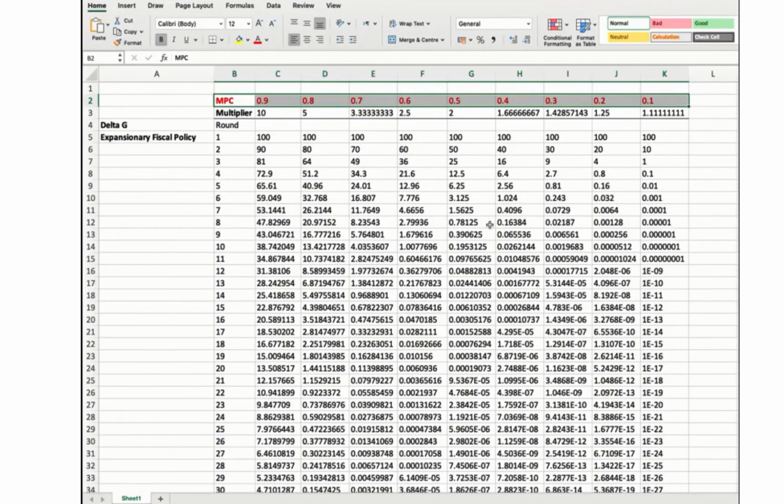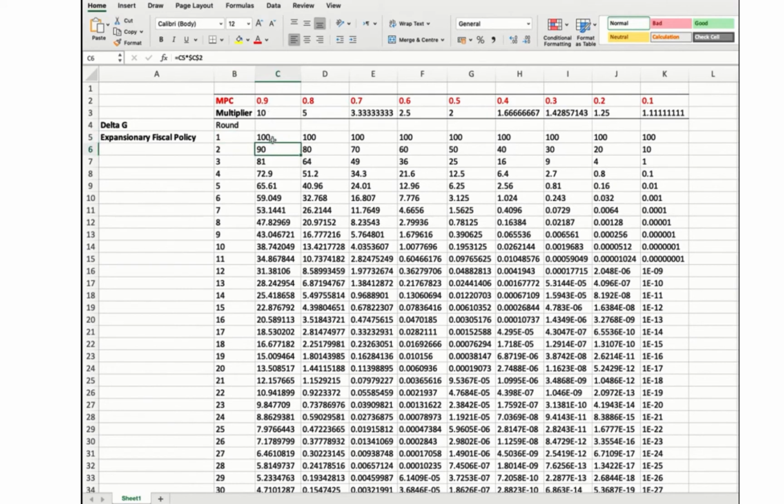This shows us different values for the marginal propensity to consume, from 0.1 to 0.9, and how much the multiplier will be. This is the initial increase in government spending, so this is an expansionary fiscal policy, increasing G by 100 million pounds in the first round. And this is the effect in the second round.